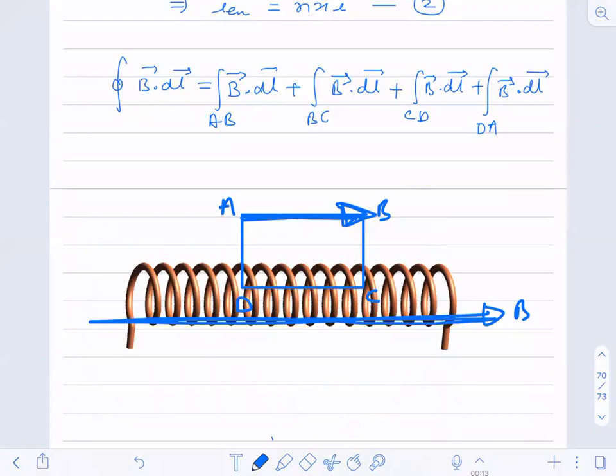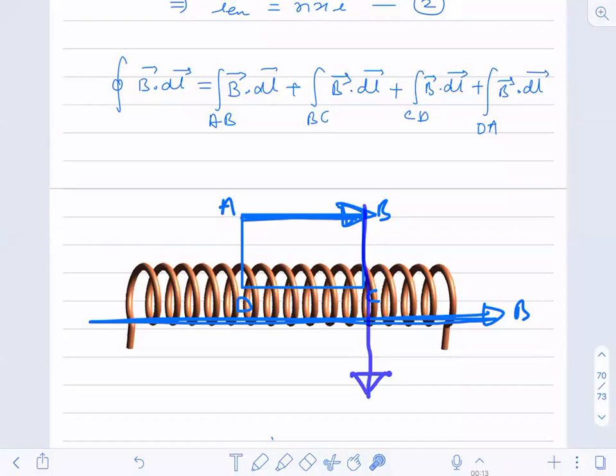For BC, if you check, BC is downward. What is the angle between the BC vector and vector B? Yes, it is 90 degree. Very good.